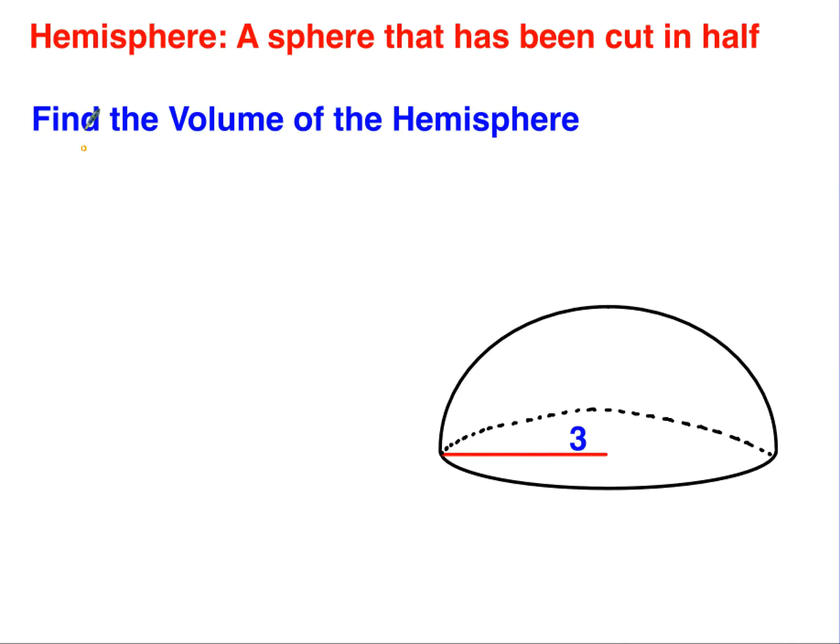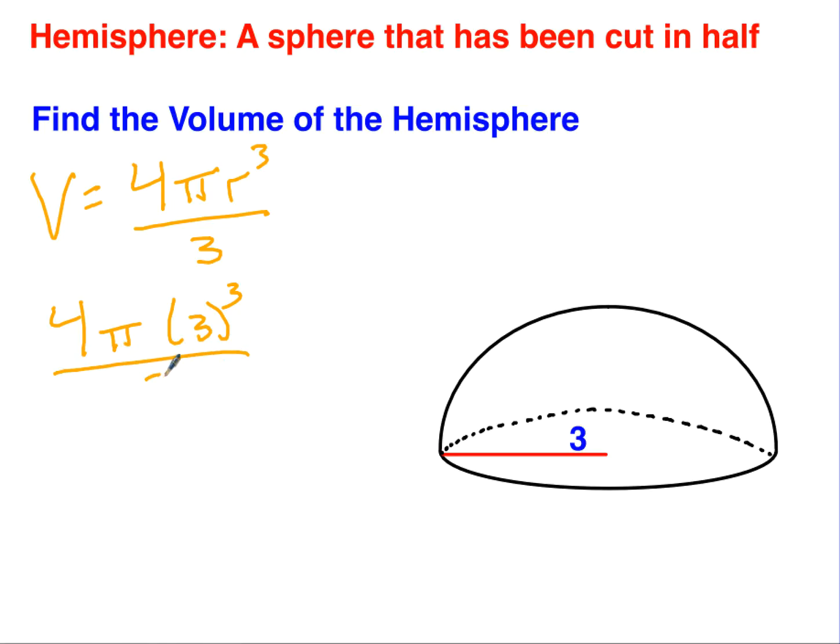So to find the volume of the hemisphere, we would find the volume of the whole sphere. So I would use my 4 pi r cubed over 3. My radius is 3, so I'm going to plug that in: 4 pi times 3 cubed divided by 3. I'm going to solve first because I'm just finding the volume of a sphere, and then at the end, I'm going to cut it in half. So 3 to the third power is 3 times 3 times 3, that's 27. So I have 4 pi times 27.